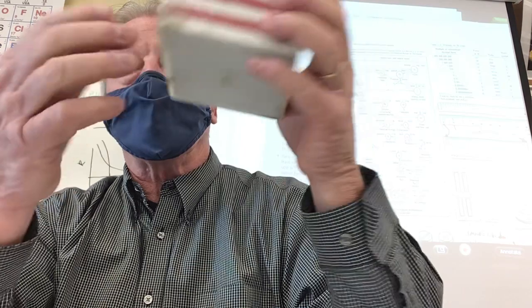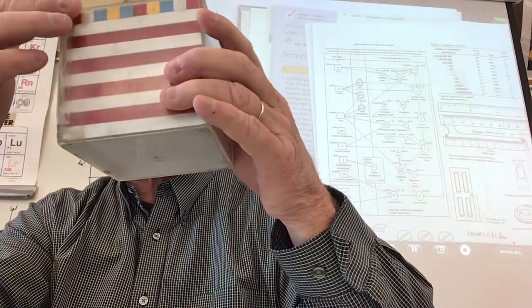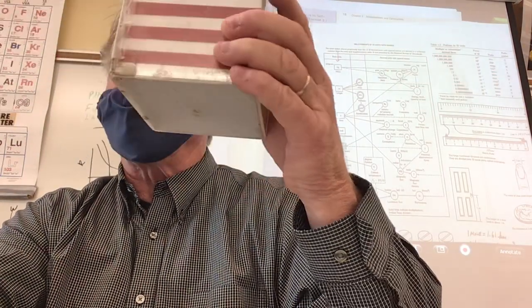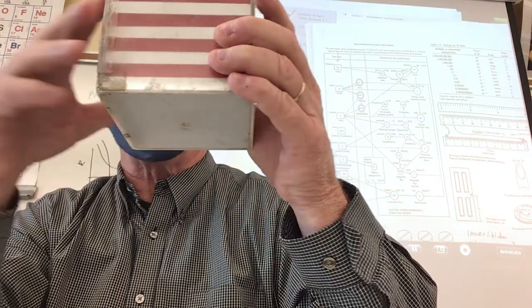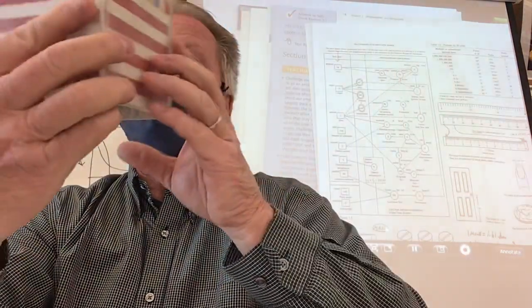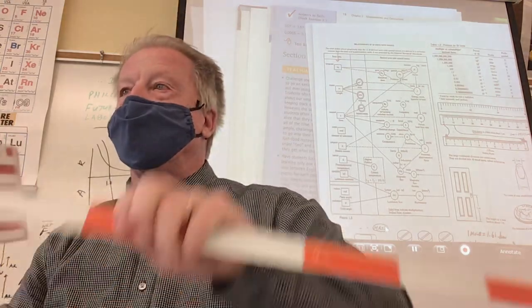It's a decimeter times a decimeter times a decimeter. That's 1 decimeter to the 3rd power, 1 cubic decimeter. That's what they call it. This is 1 cubic decimeter of volume. And you know that is a liter.